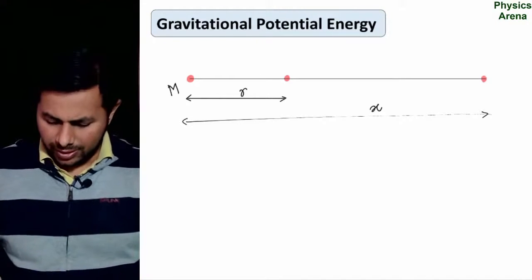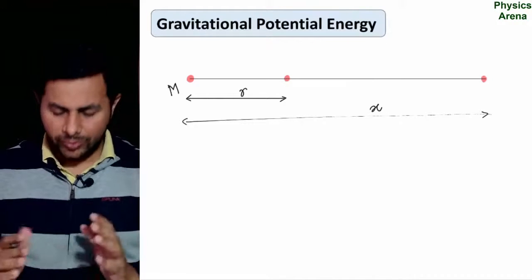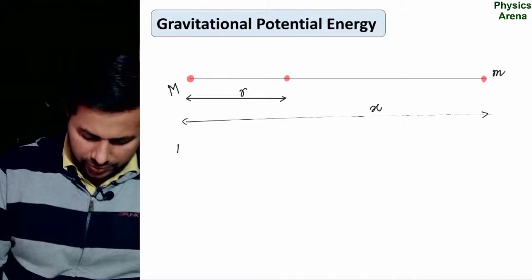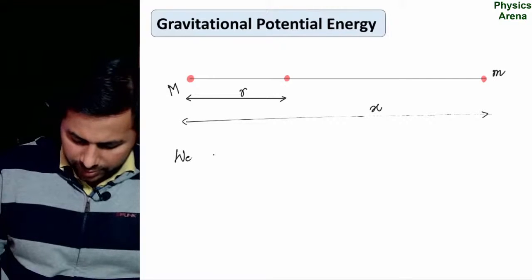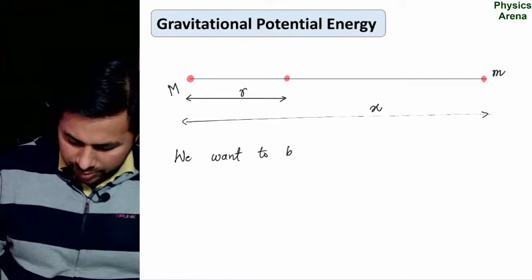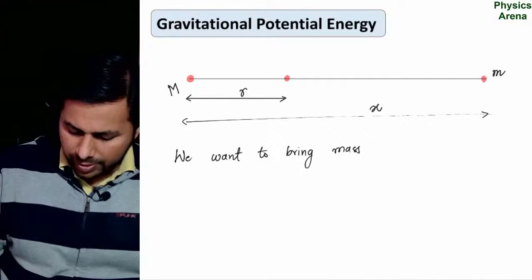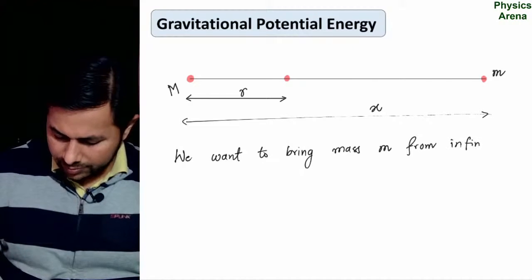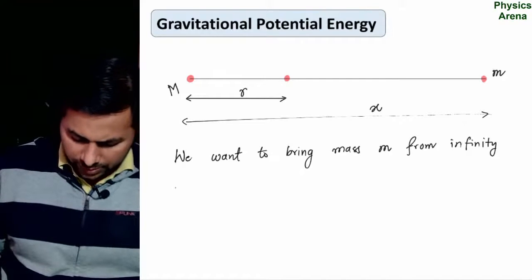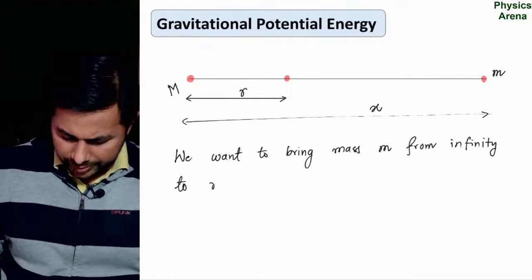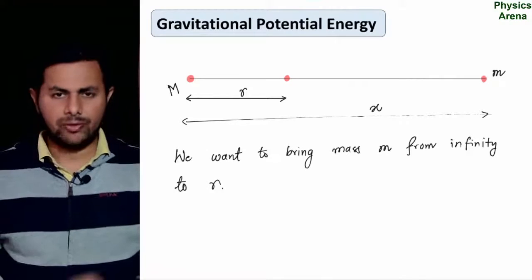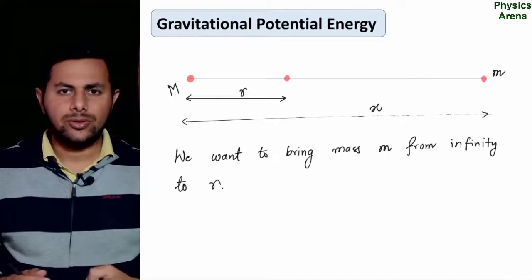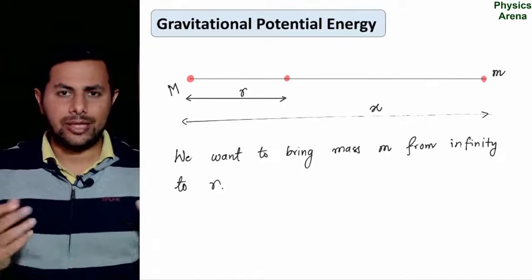Okay. So what we are trying to do is bring mass small m from infinity, and we want to keep it at distance r away from another mass capital M. This mass small m will experience some gravitational force.